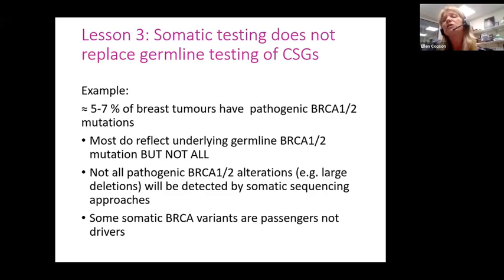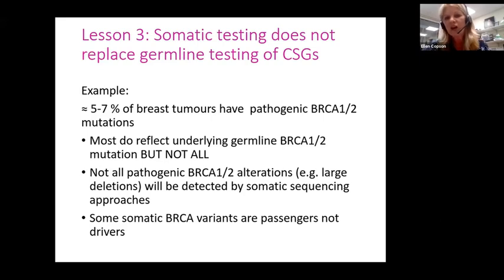Somatic testing does not take the place of germline. About 5 to 7% of breast tumours will have what looks like a pathogenic somatic BRCA1/2 mutation. Most of those will have an underlying germline mutation, which is relevant to future cancer risk and to their family, but not all of them.